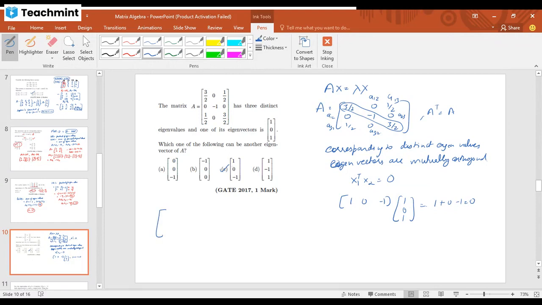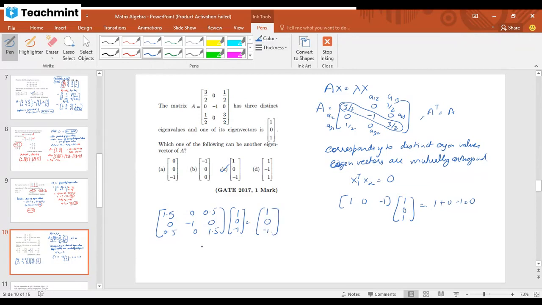What is A? 1.5, 0.5, 0; 0, -1, 0; 0.5, 0, 1.5. If we multiply it with (1, 0, -1), what do we get? 1.5 minus 0.5 is 1, then 0, and 0.5 minus 1.5 is minus 1.